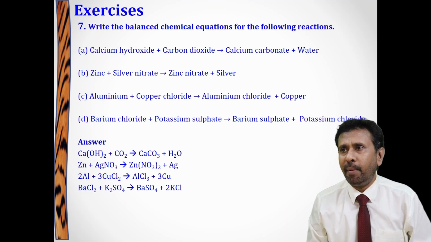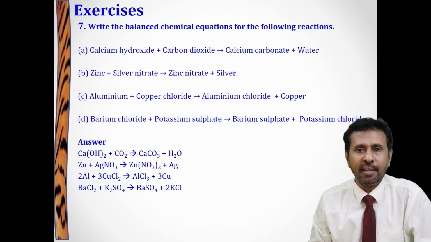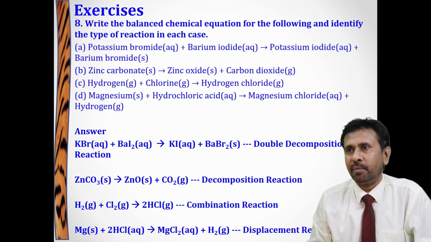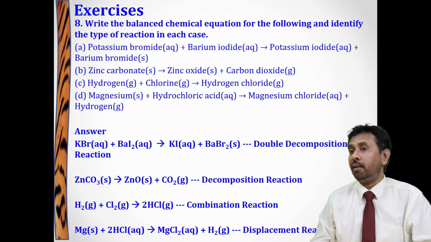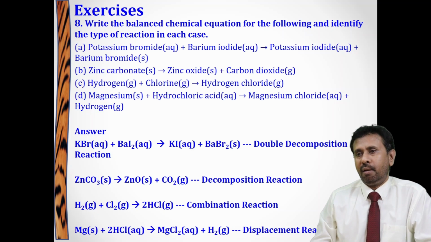Again, write the balanced chemical equations for the following reactions. Again, the answer is given. It is self-explanatory. The 8th question: write the balanced chemical equation for the following and identify the type of reaction. AB plus CD gives AD plus CB. That is double decomposition. Then zinc carbonate gives zinc oxide and carbon dioxide, which is decomposition.